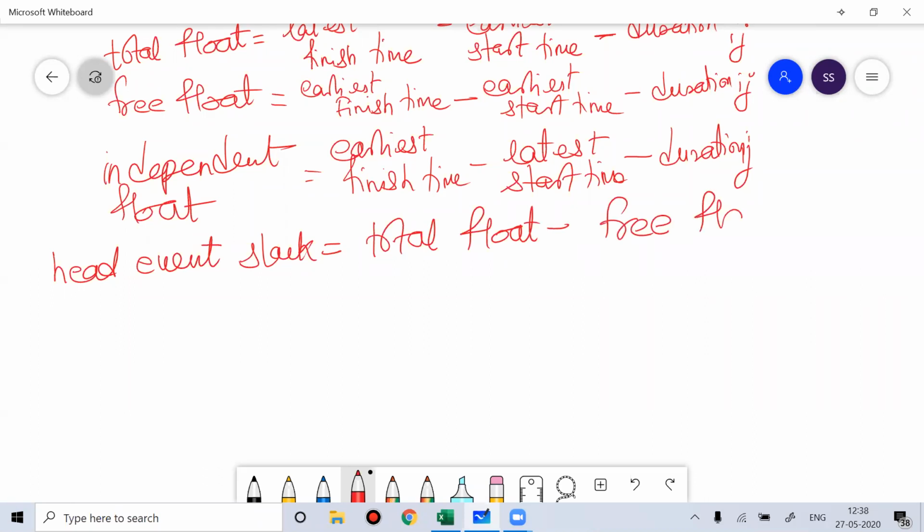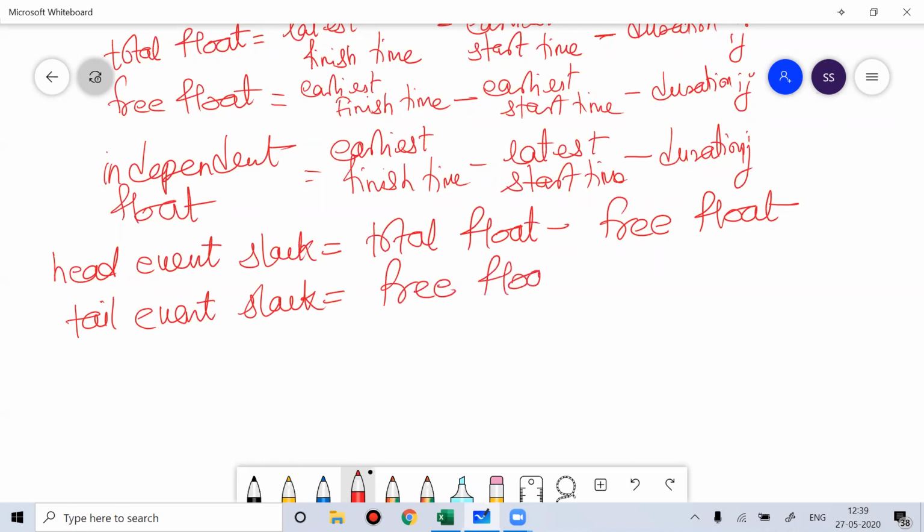And then there's another term called tail event slack. Tail event slack means free float minus independent float. We'll talk about these terms in the next class.